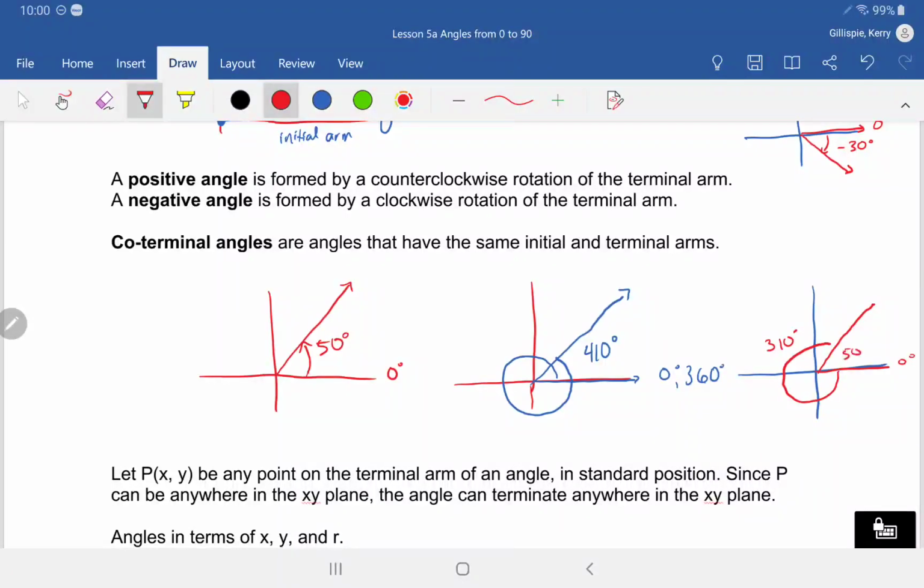Because it's just 50 degrees away from the x-axis, and because we've gone in that negative direction, it would be negative 310 degrees. Okay, so these are all coterminal angles as long as they have the same initial arm and the same terminal arm, so same starting spot of 0 degrees, same ending spot, then they are coterminal.